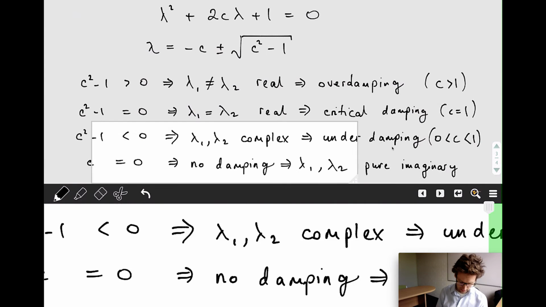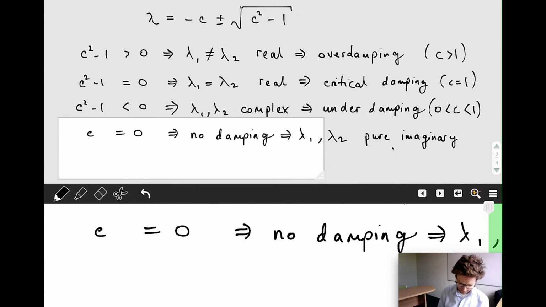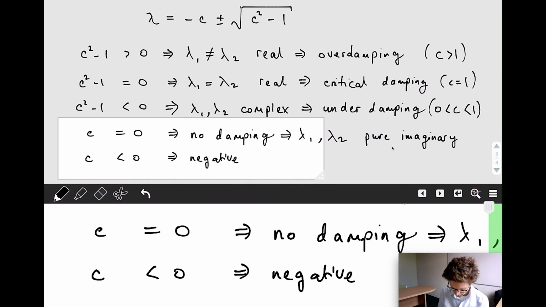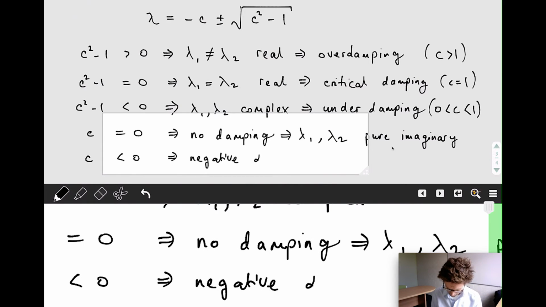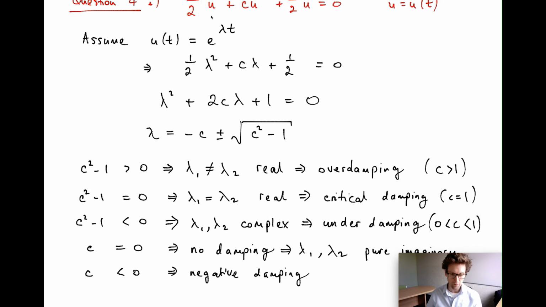The last possibility is when we have negative damping. So that's going to occur when c is a negative number. So if c was a negative number, you can see here that my lambda would be equal to something positive, right? In which case, my solution e to the lambda t would be something positive times t.